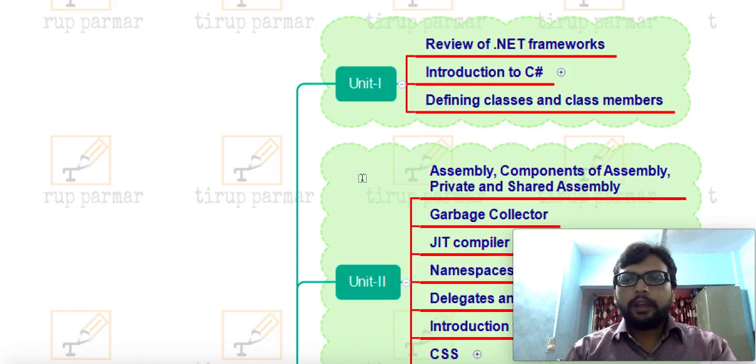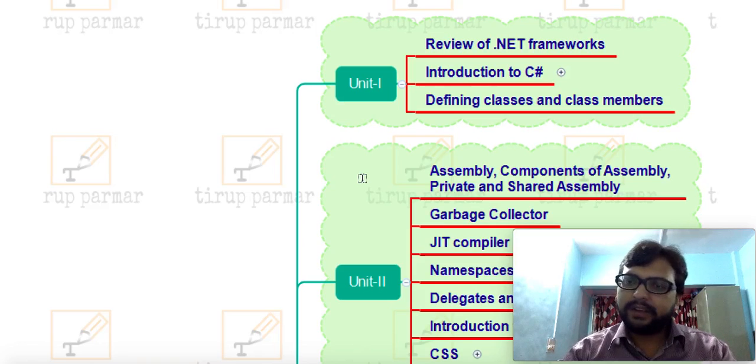Now we are going to talk in detail about the .NET framework. What do we mean by framework? Let me make this point very clear with one example. Suppose we have one freshly passed out civil engineer. Now this civil engineer is not that experienced.